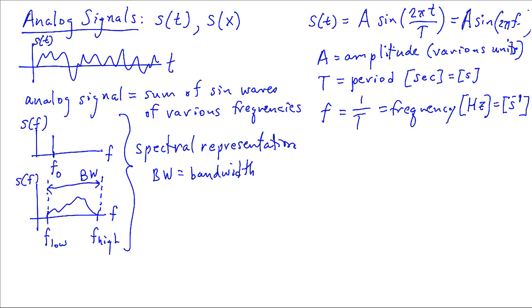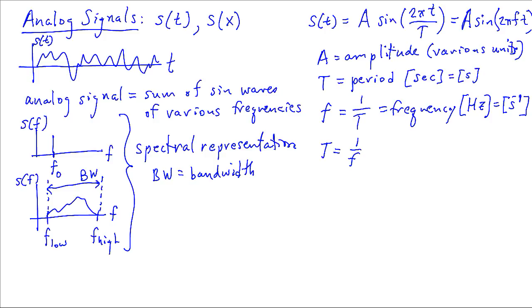Run out of room here. In any case, similarly we can write T equals 1 over f. In other words, they're multiplicative inverses of each other, and they are inversely proportional to one another.